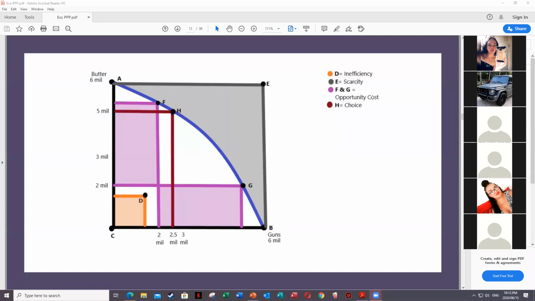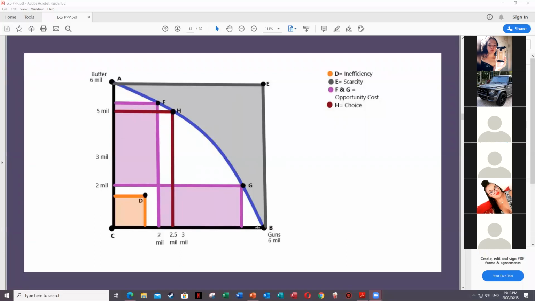And also if you use keys here, like you have given keys. So we've got inefficiency, which is orange, and it's represented by D. We can see here, there's our inefficiency. And then we've got our scarcity represented by E, and it's gray, so we've got our gray zone here. Then we've got your F and G, which is opportunity costs. So we've got our two different opportunity costs in pink.